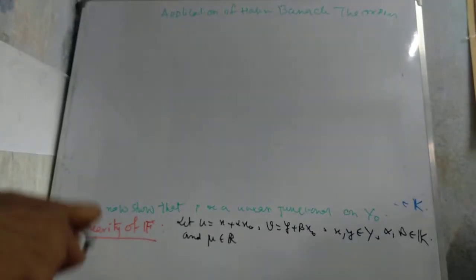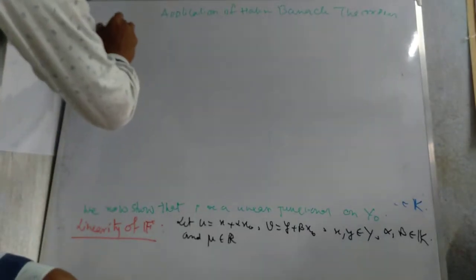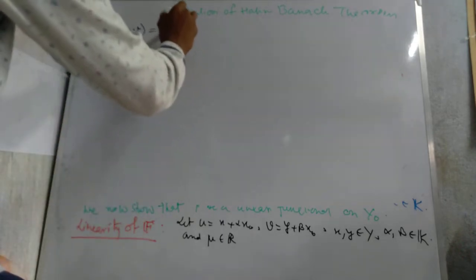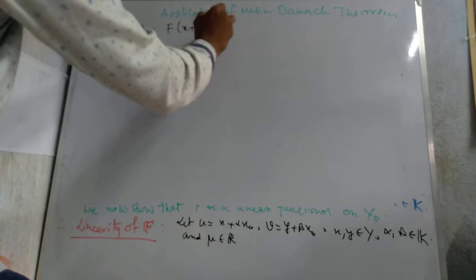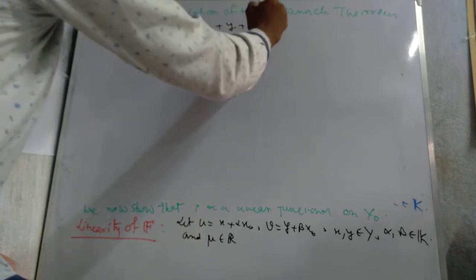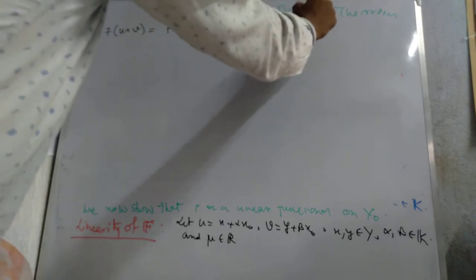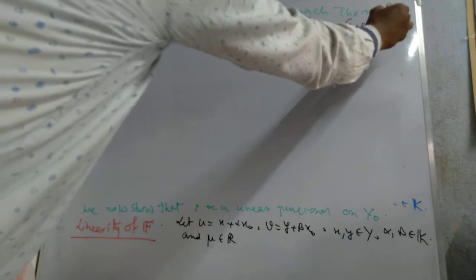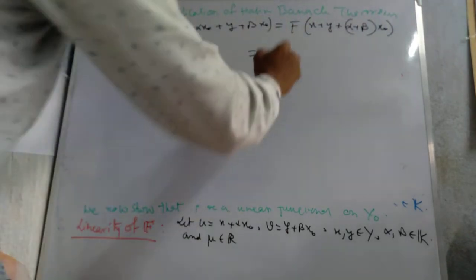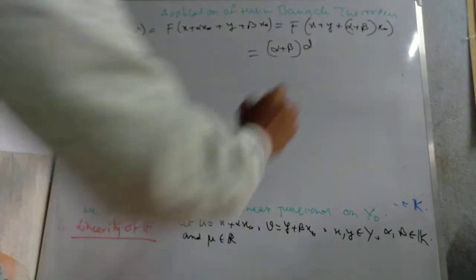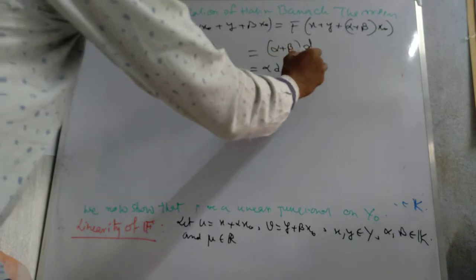Then we do this one: f(u plus v) equal to f(x plus alpha x0 plus y plus beta x0). Then we write f((x plus y) plus (alpha plus beta) x0), which is equal to (alpha plus beta) d, then equal to alpha d plus beta d.